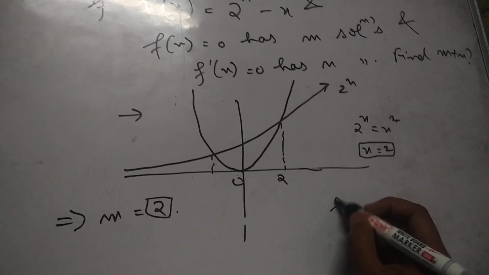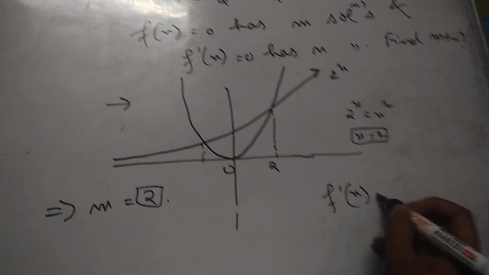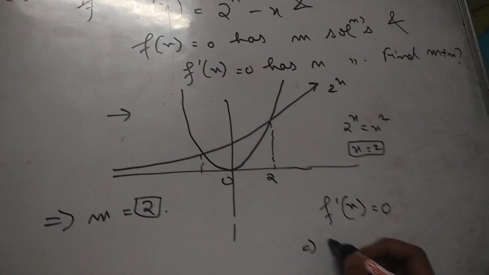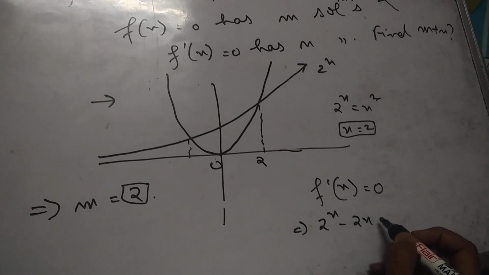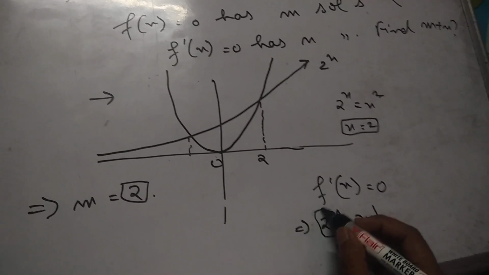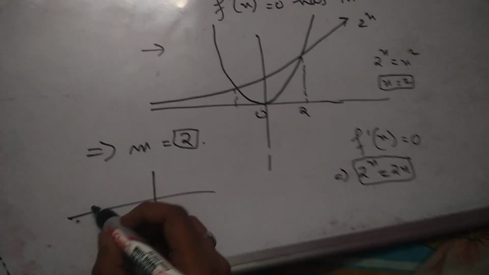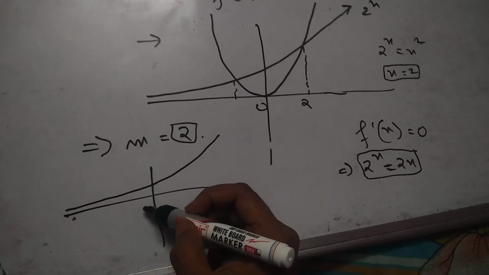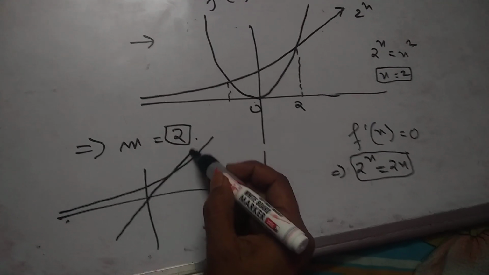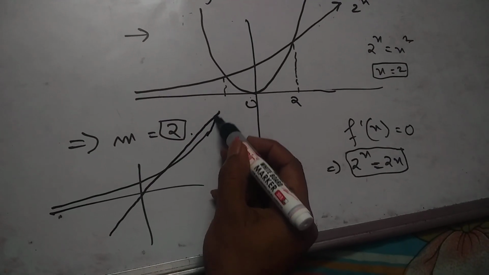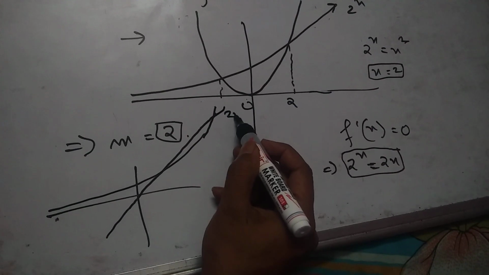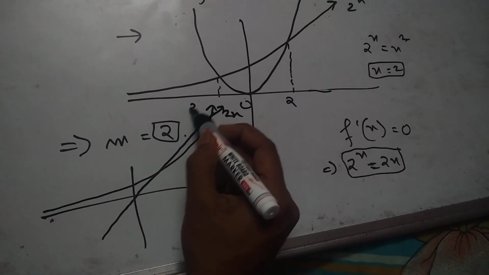Now if I differentiate it and put it equal to 0, so this is another equation. It has 2 sides. So one is 2 to the power x and one is this 2x, right?